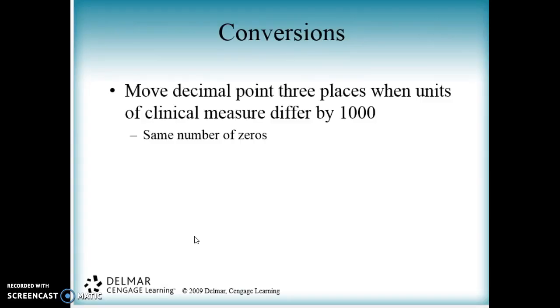And when we get ready to do conversions between these units, we're going to be moving decimal points. So we're either moving to the left or to the right, depending on whether or not the number's getting larger or smaller. And so that's the beauty of using the metric system. We can easily convert between.